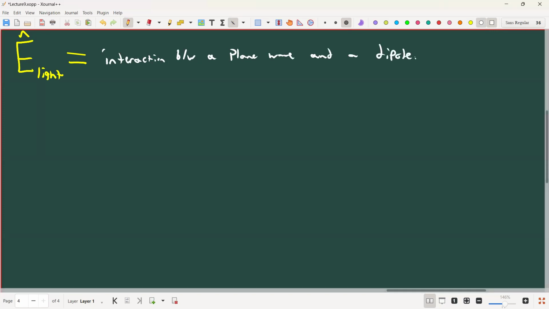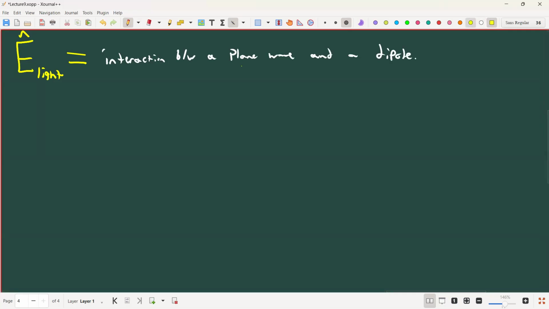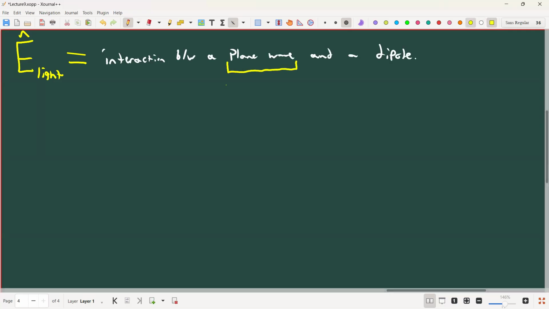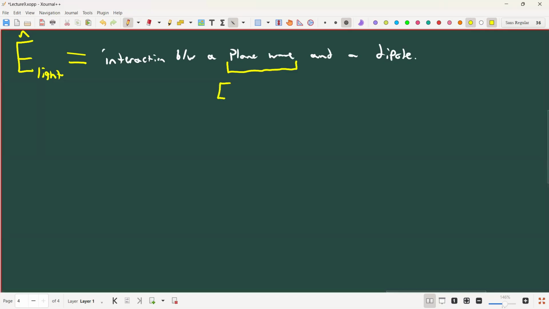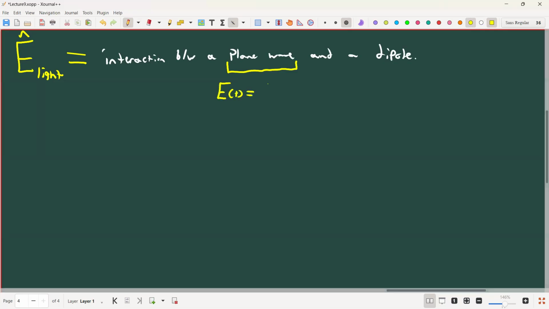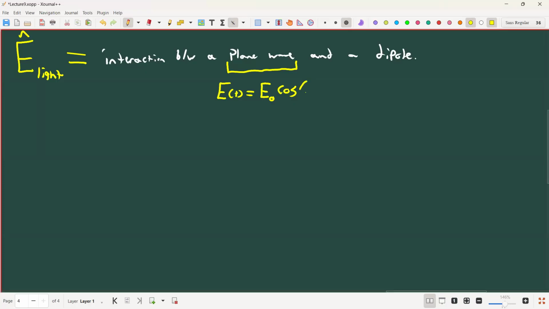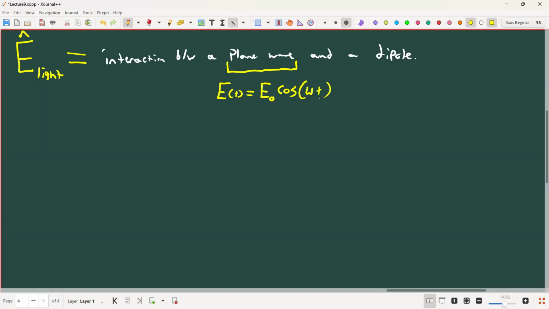Well, we have a formula for the plane wave. A plane wave is E of t equals some amplitude E naught, just the brightness of the light, the strength of the light field, times cosine omega t. And our dipole, if you go back to the dipole, it's just the charge times the distance between the charges. The idea is that you have a positive charge on this part and a negative charge here.